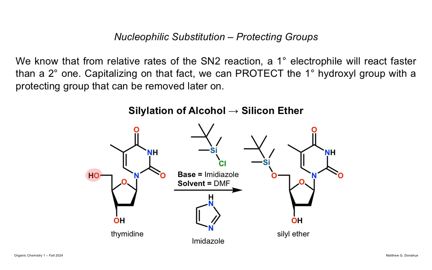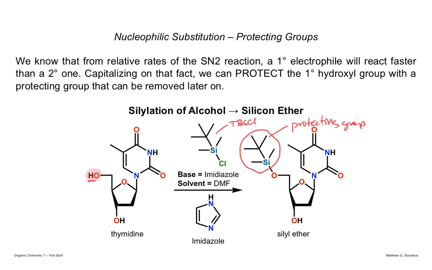So basically the H is then substituted for this group, which is called a protecting group. So overall, what it makes is a silicon oxygen carbon bond, and that's called a silicon ether. And so the substrate we use is shown here, which is called TBS chloride.